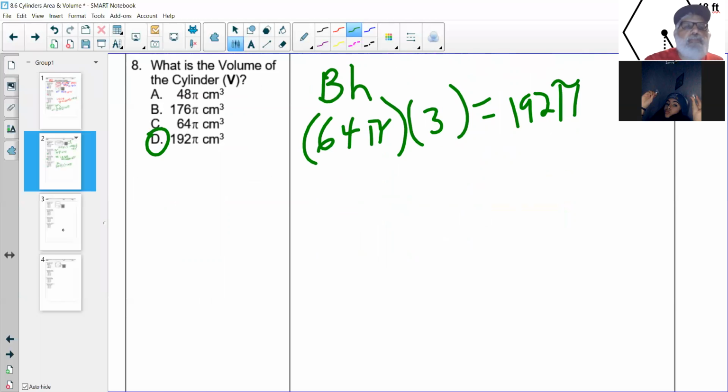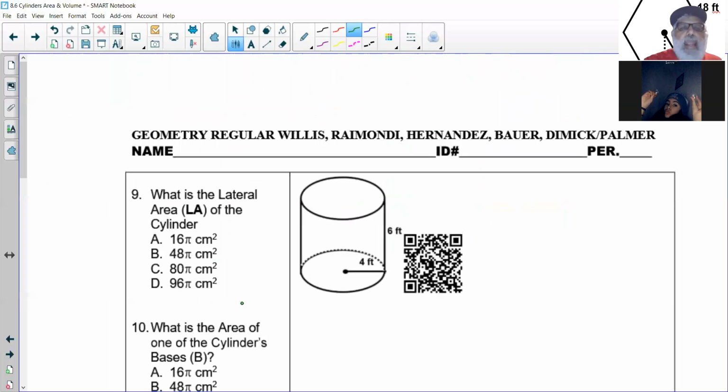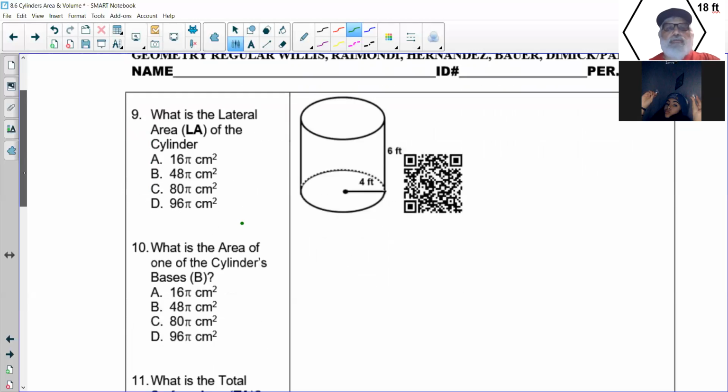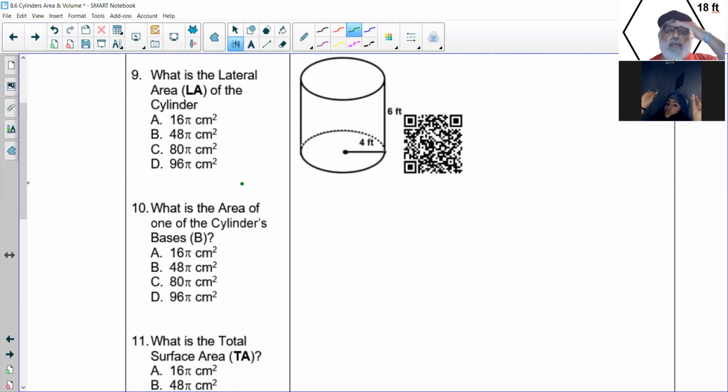Okay, and I think that was part A of our assignment. Part B starts with number 9, and it's really the same stuff. We know that the radius is 4, the height is 6, and now you're going to plug in.